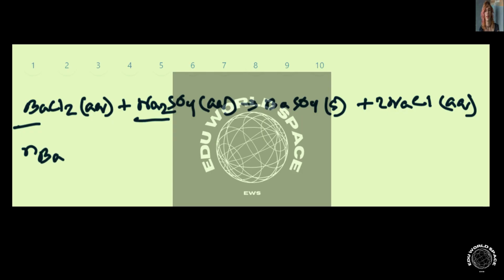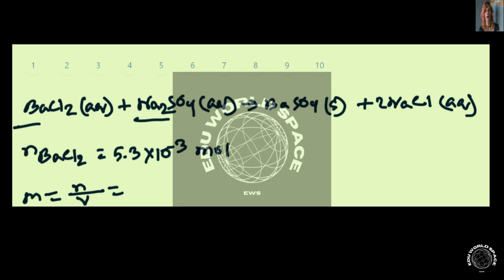So the number of moles of BaCl2 is 5.3 times 10 to the power minus 3 mole. Now from here we can find out the molarity of barium chloride, which will be number of moles over volume.